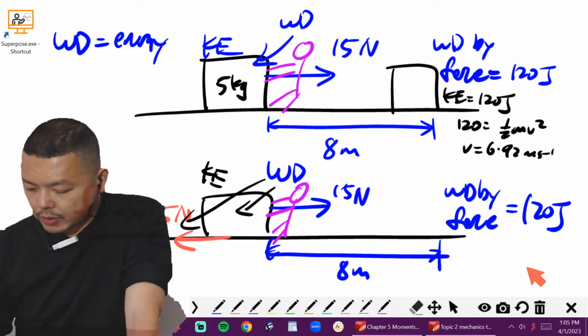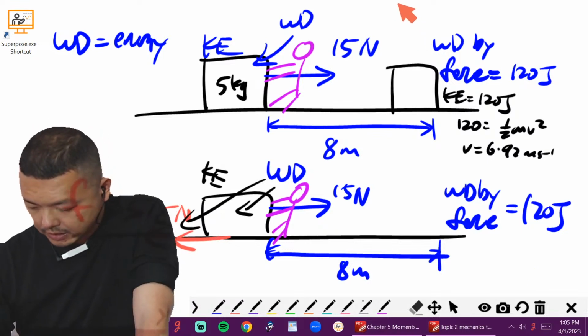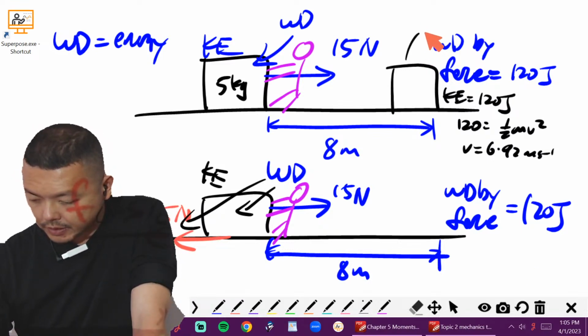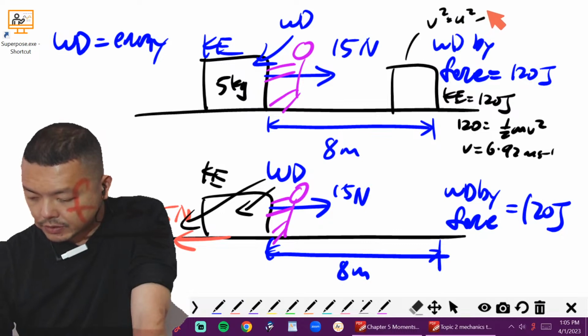V squared equals U squared plus 2AS. Do you get the same answer? Okay, so you can use V squared equals U squared plus 2AS.